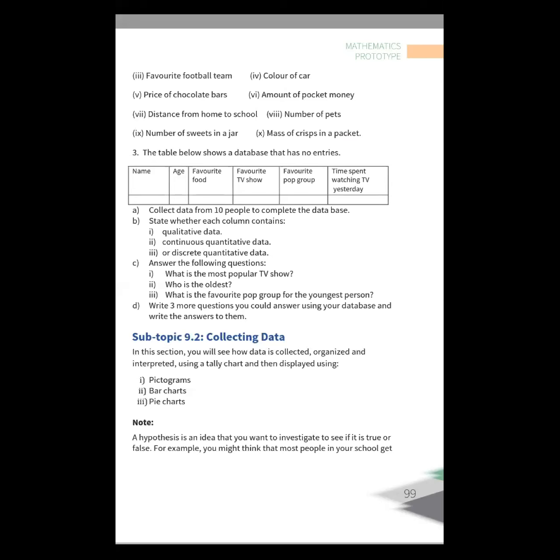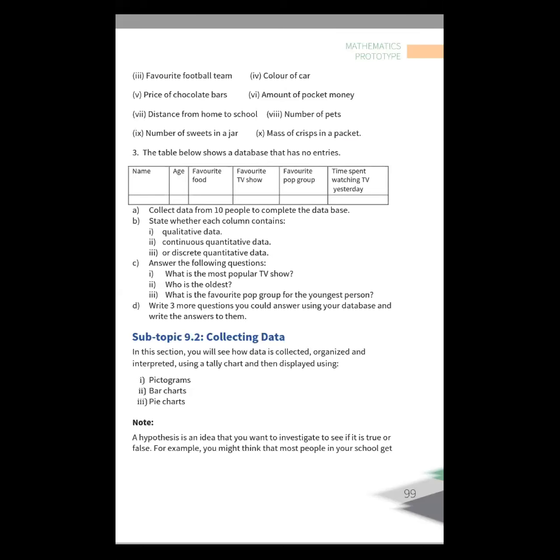And the time she spent watching TV yesterday, 2 hours. Then I also have a cousin called Nathan. She's 17. Her favorite pop group, BTS. Her favorite TV show, Big Brother Niger. Her favorite food, fried chicken. And the time she spent watching TV yesterday was 30 minutes.